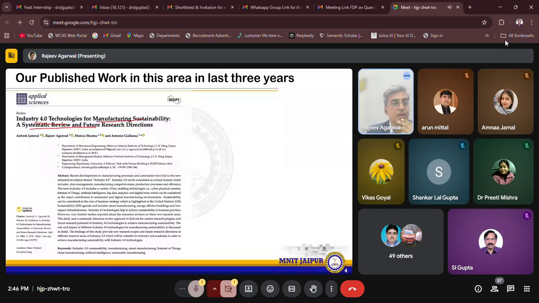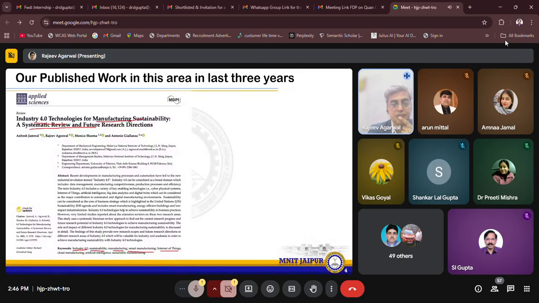This is one topic. One of my scholars was doing research on Industry 4, wanted to understand Industry 4 technology for sustainability. Here you can see, in this paper the keywords are Industry 4, sustainability, manufacturing. Then one important term, smart manufacturing.